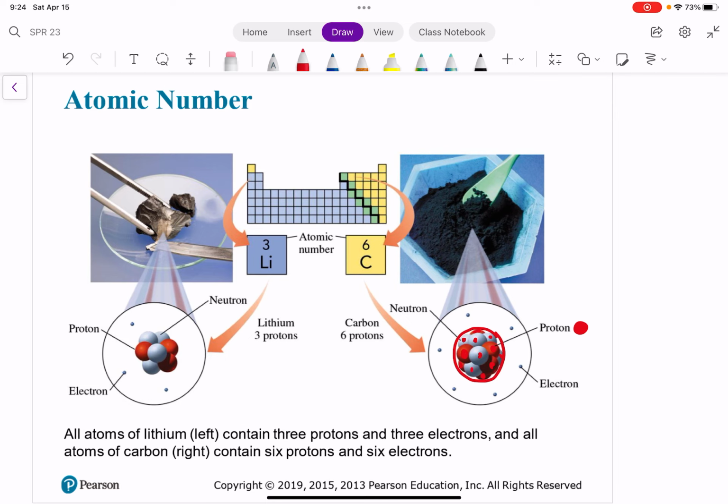And we'll talk about that in the future, about the number of neutrons, okay? But for now, think about how carbon has an atomic number 6. So how many protons must carbon have? Well, it has to have 6, okay? Same thing with lithium. We count the number of protons in its nucleus there. We have 3 protons. Okay.